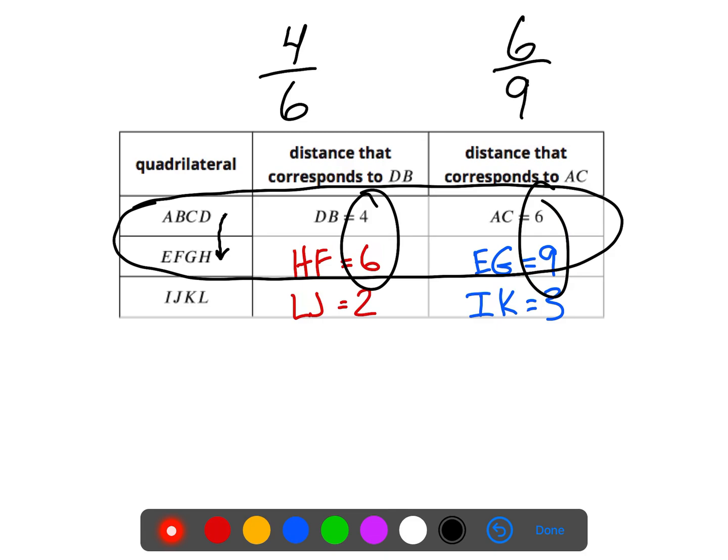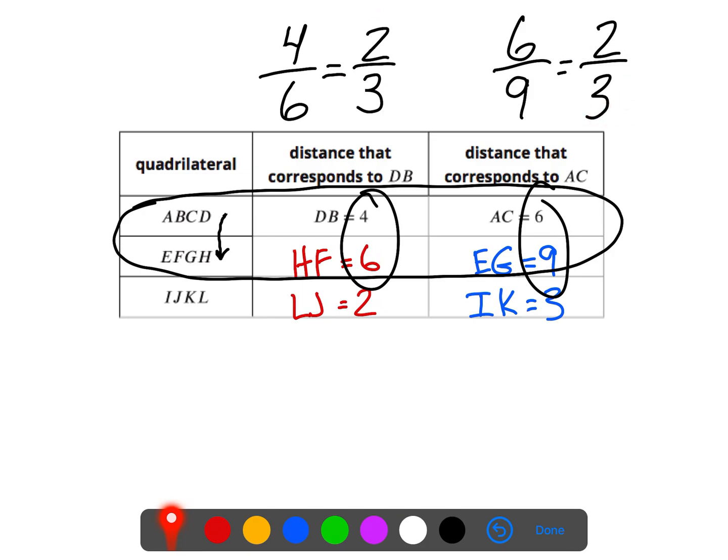And what you can see is that each of those ratios will simplify down to the same scale factor. 4 to 6 could be simplified if we divided both by 2 as 2 to 3. If I did the same here with 6 to 9 and divided each number by 3, I would also get the same simplified ratio, being 2 to 3.